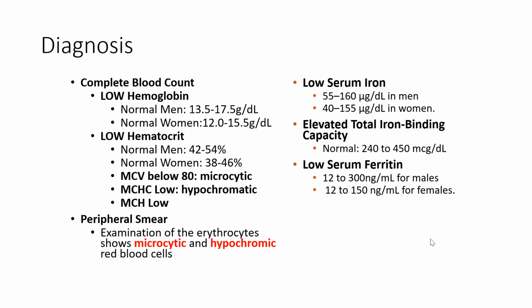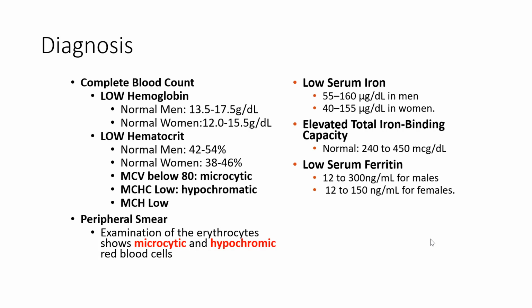In this case, you'd send off a peripheral smear where you look at the nature of all the blood cells to look for any unusually shaped cells. But if they're purely microcytic, round, biconcave, non-sickled, if they're just the general size and shape morphology, but they're just pale and small, then you've got a clear definition of iron deficiency anemia.